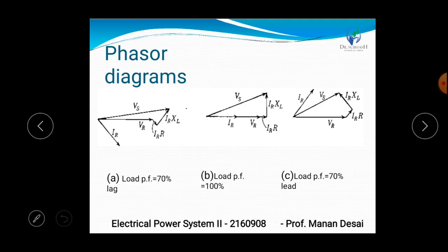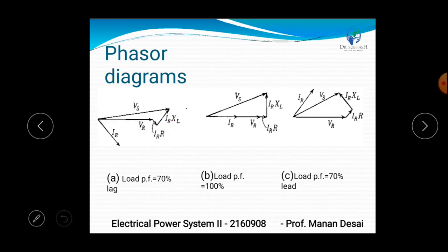in phase with the current, and hence drawn parallel to the receiving end current IR. The voltage drop in the reactance of the line is IXL. The reactance leads by 90 degrees, and therefore it is drawn perpendicular to the receiving end current IR.